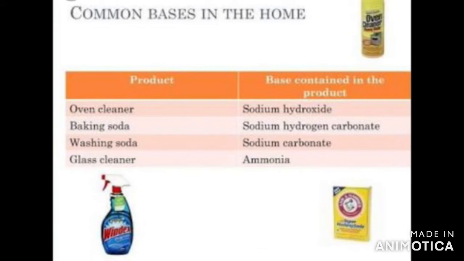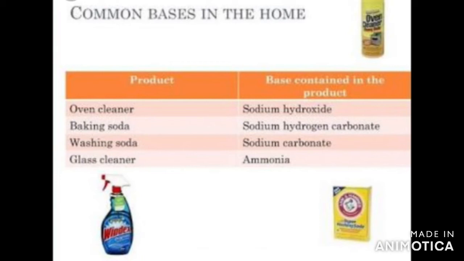And next, finally, common bases at home. What are these common bases? Suppose we take oven cleaner, it's sodium hydroxide, a base contained in the product. Baking soda is sodium hydrogen carbonate. Washing soda is sodium carbonate, and glass cleaner is ammonia. You can see the pictures of these objects here.